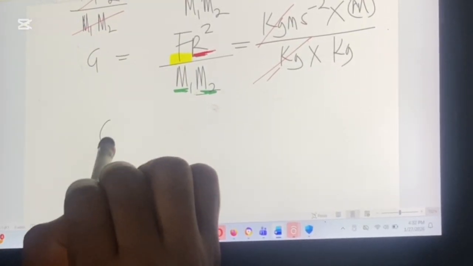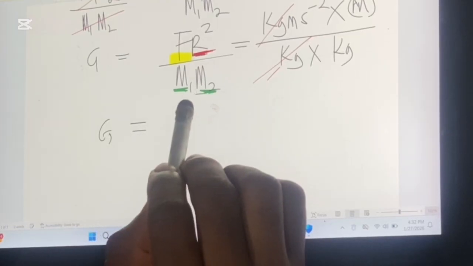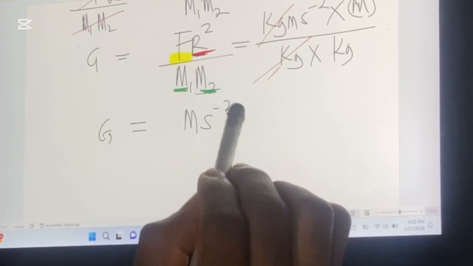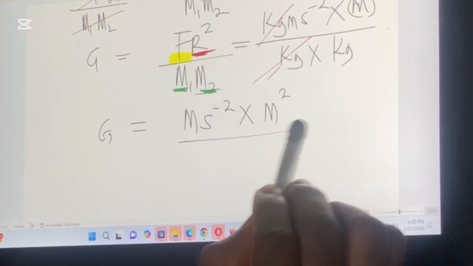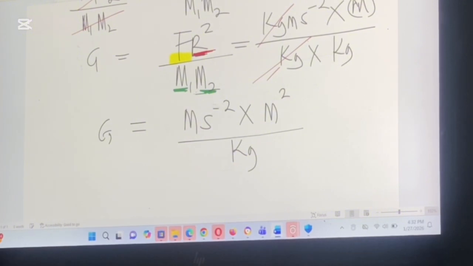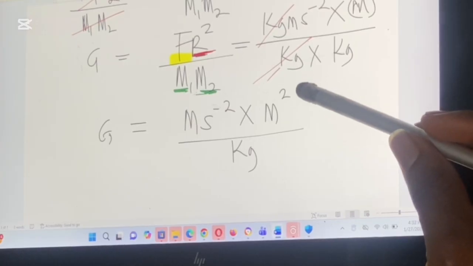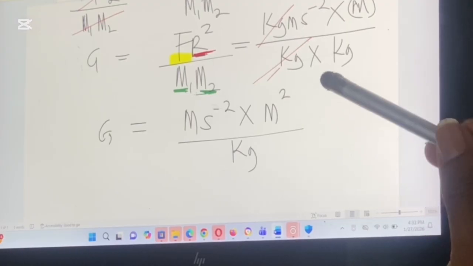This will be G is equal to meter per second squared times meter squared over kg. Please take note. Let's first of all simplify the numerator. Remember, there's a law that states that whenever we have two of the same base, we apply the indices law.